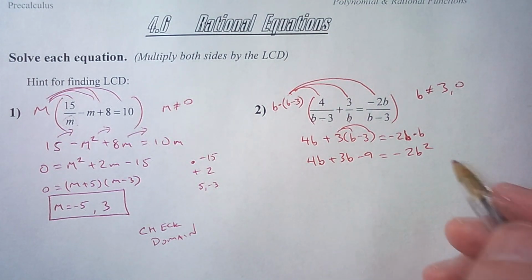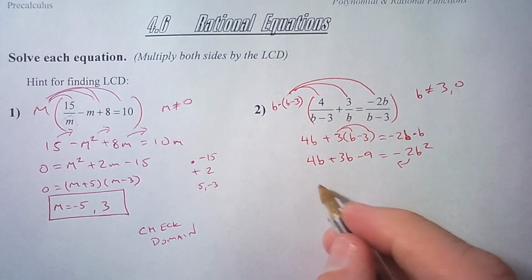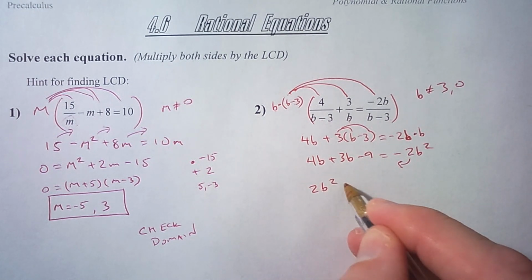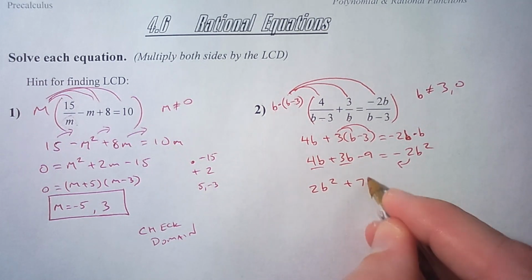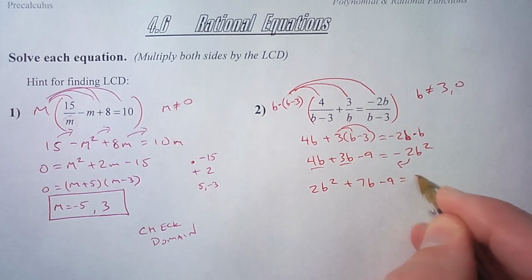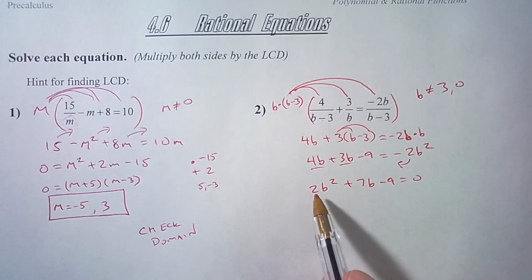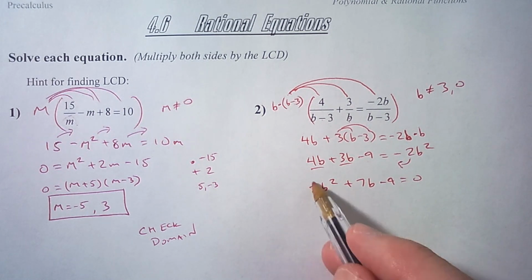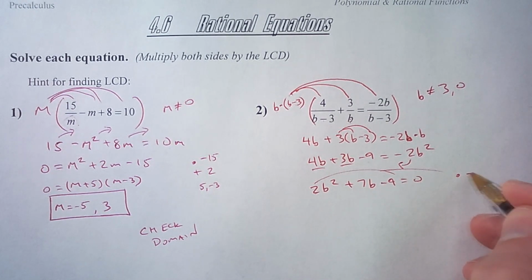Okay, so let's move this over to the other side and get a positive lead coefficient. So I have 2b squared plus 7b minus 9 equals 0. Okay, now let's try to factor this one. So I have a 2 for a lead coefficient, not a 1. So I need to do 2 times -9, and that is -18.